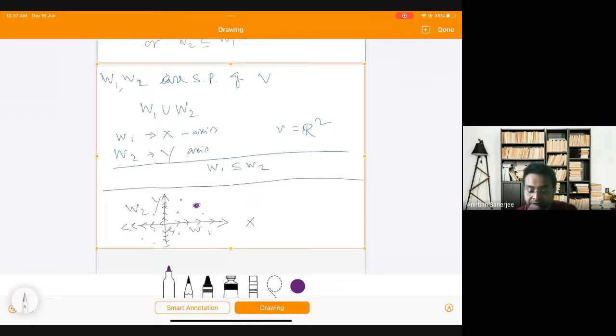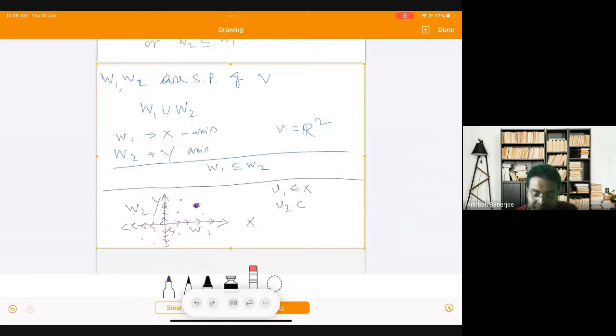That means I want a vector, let's say v1 belongs to W1 and v2 belongs to W2.